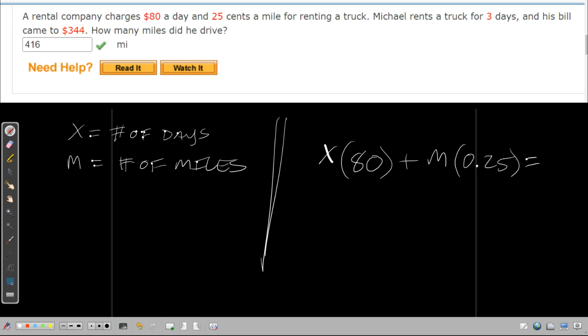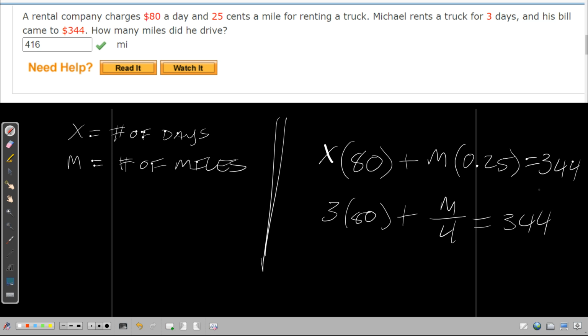I guess it was sort of trivial for me to let X be the number of days because we're told that it's just 3 days. So since the bill comes out to $3.44, then 3 times 80 plus M over 4 is $3.44. And you should be able to take it from there.